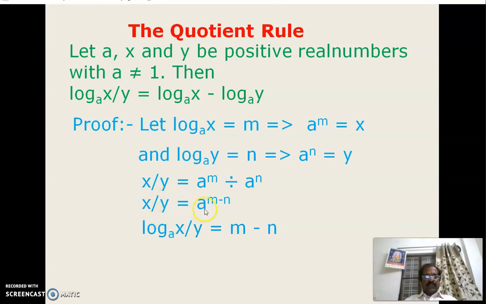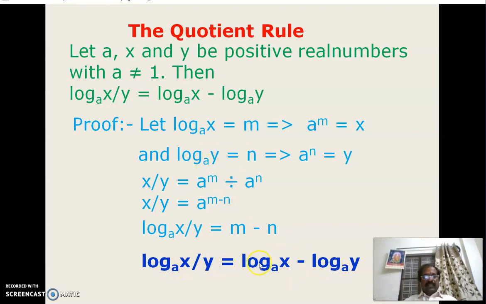Log x by y to the base a is equal to m minus n. Again m, n values substituted. So log x by y to the base a is equal to m, which is log x to the base a, minus n, which is log y to the base a. This is the second property of the logarithms.